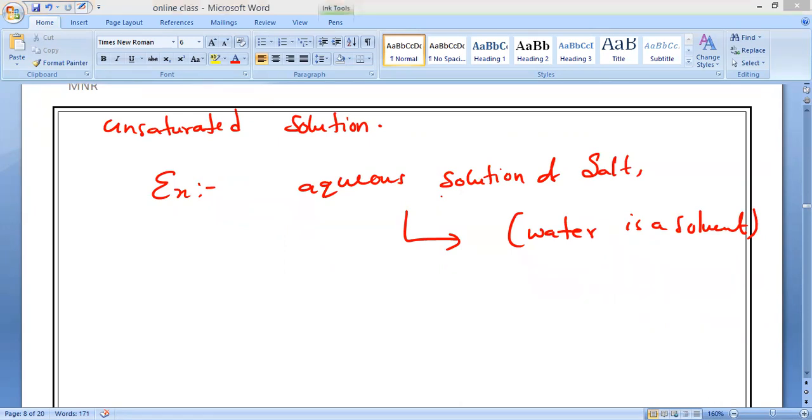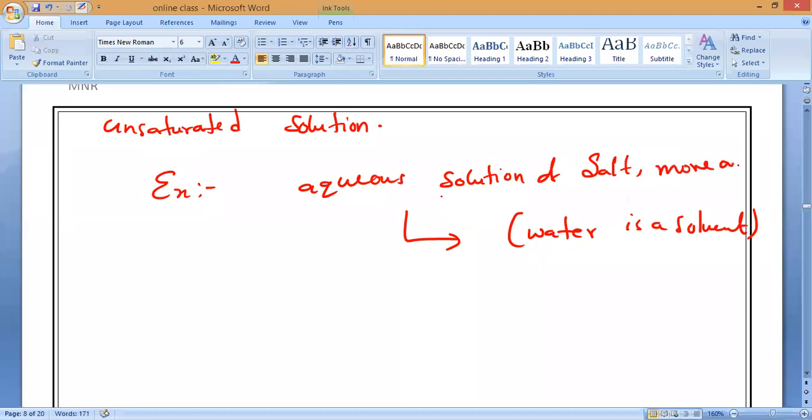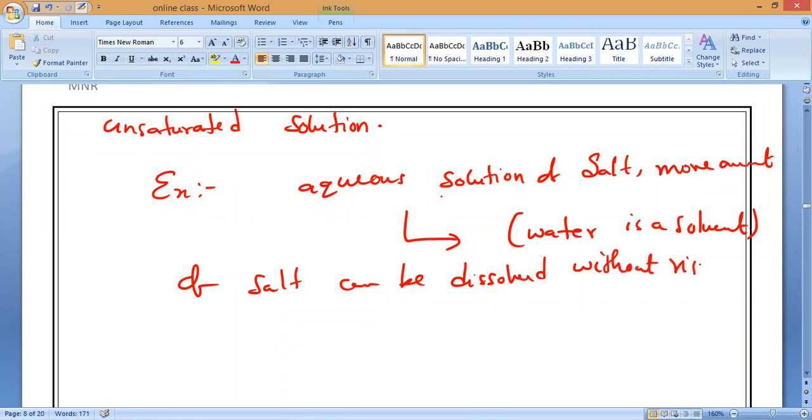In an aqueous solution of salt, more salt can be dissolved without raising its temperature. Do you understand?